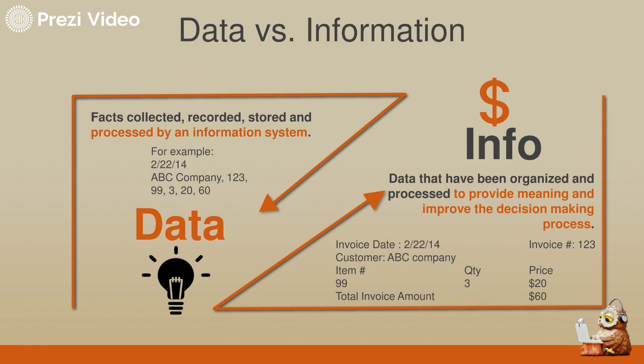The other numbers also have meaning, maybe the item number, the quantity, the price, and so on. Compared to the previous data, the data organized within the context of the sales invoice is now meaningful and considered information.